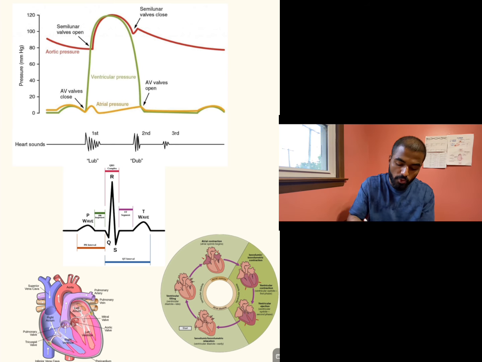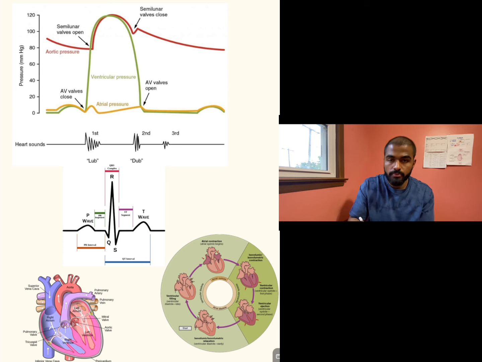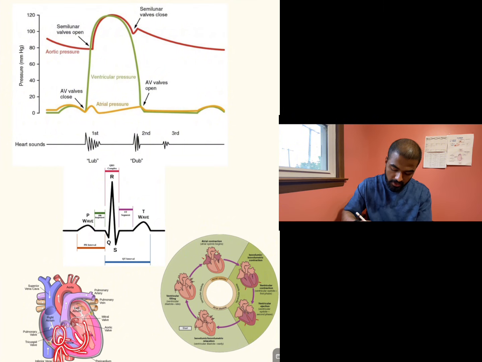So you will see large V waves on mitral valve or tricuspid valve regurgitation, or septal wall rupture, where you have your septum ruptured and then you have blood coming from the left ventricle to the right ventricle, so the pressure inside the right ventricle goes up, and then you will see a large V wave.